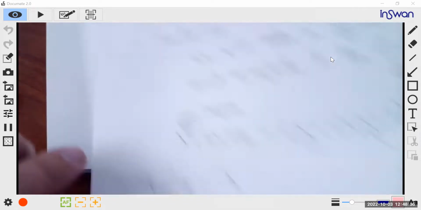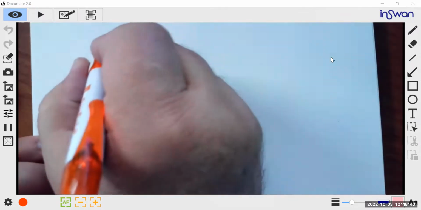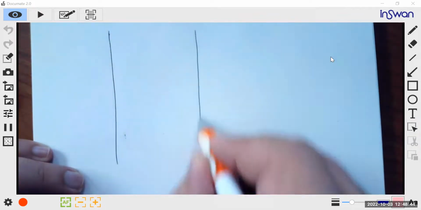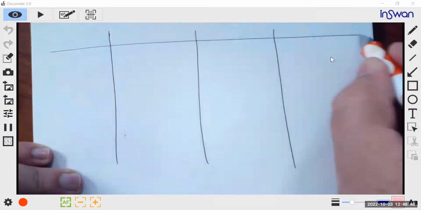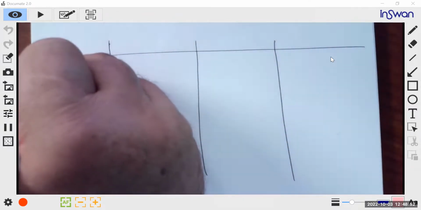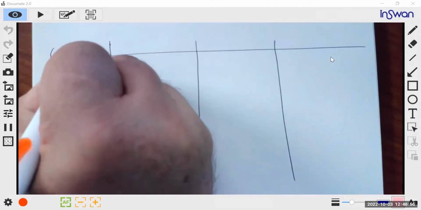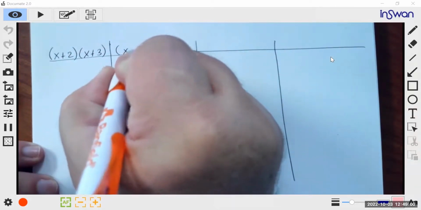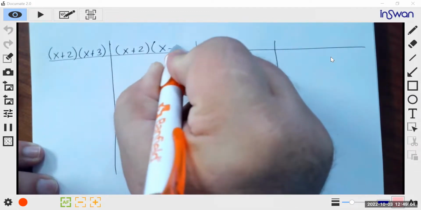So let's look how we factor. Before we do that, let's start with the basics. I'm going to put the same numbers up there in 4 different configurations.